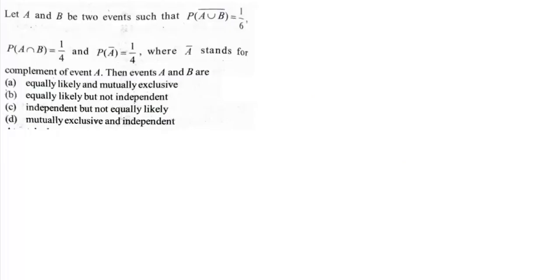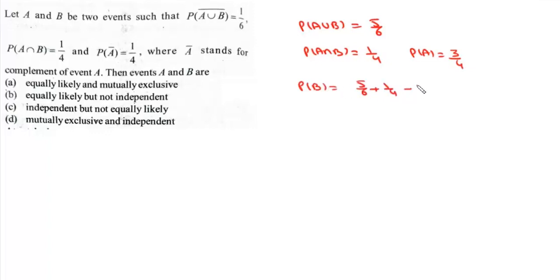Now here we are given two events such that P(A union B complement) is 1 by 6. That means the probability of A union B will be 5 by 6. The probability of A intersection B is 1 by 4, and the probability of A is 3 by 4. We can find the probability of B as 5 by 6 plus 1 by 4 minus 3 by 4, and that will be 1 by 3.